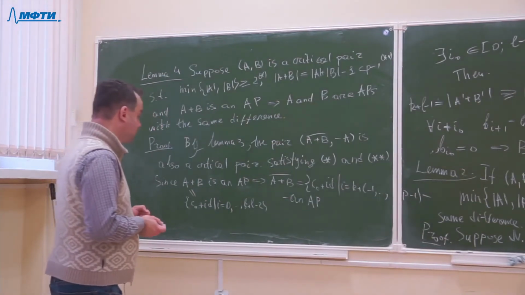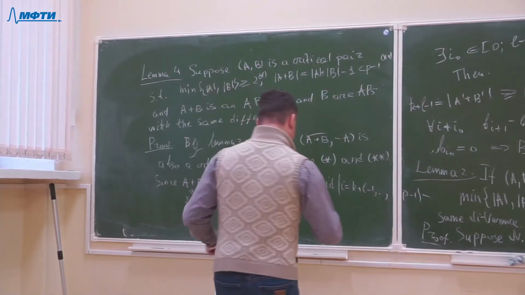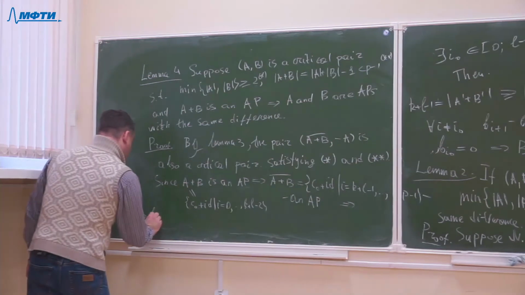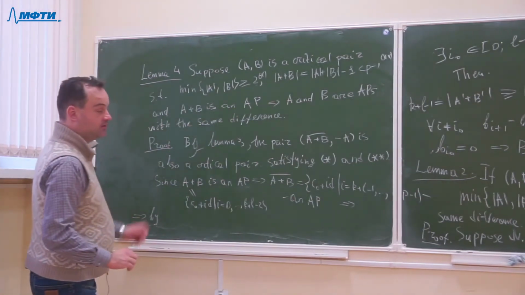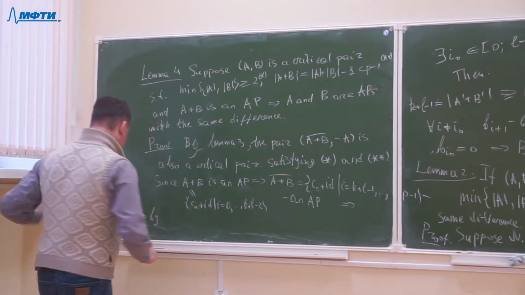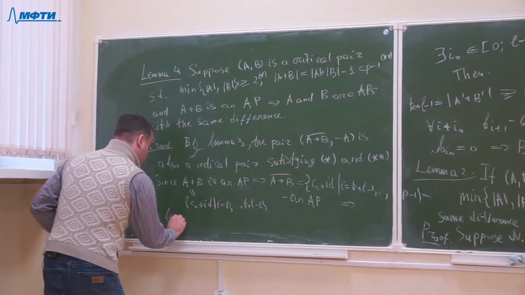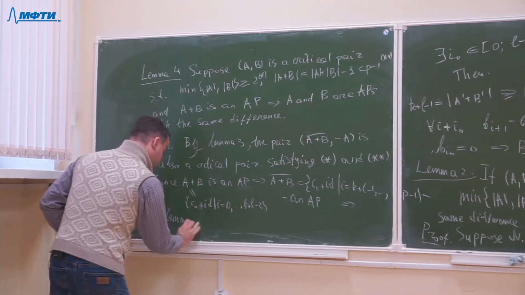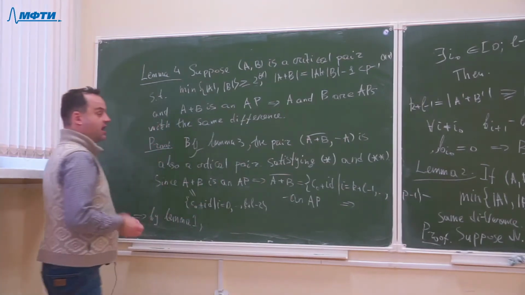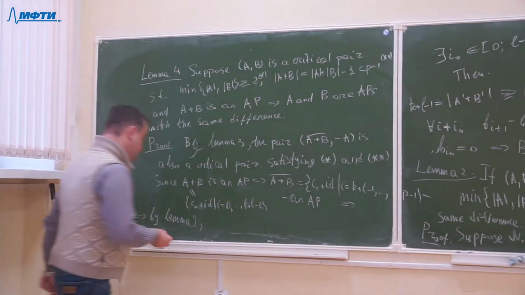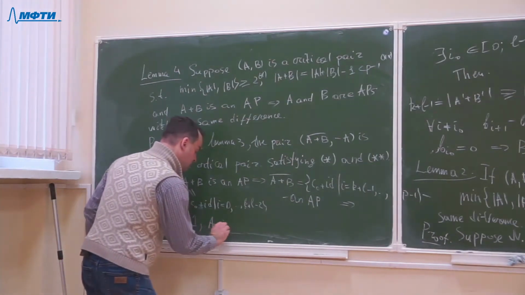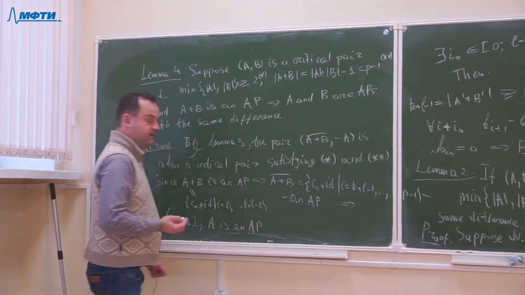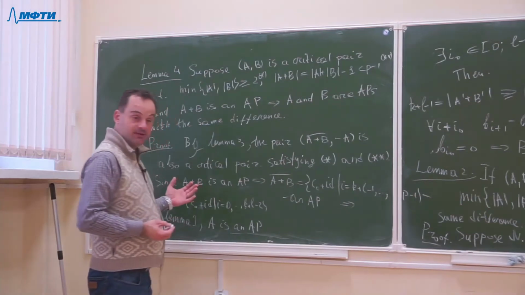Well, which means that by lemma 1, by lemma 1, A is also an arithmetic progression with the same difference as A plus B has, right?